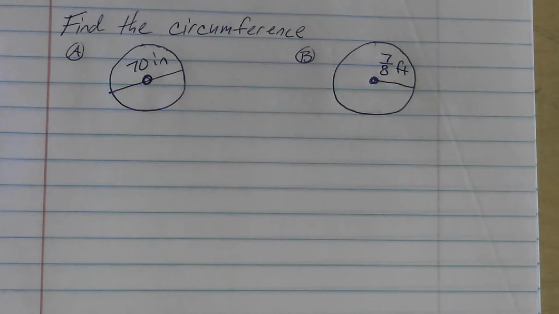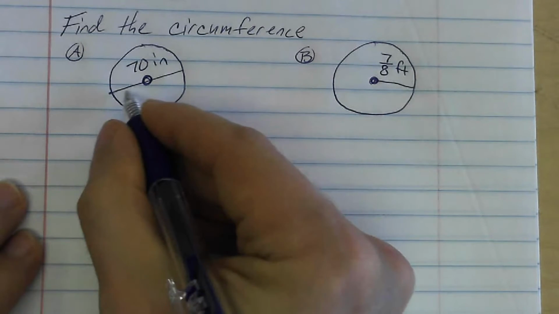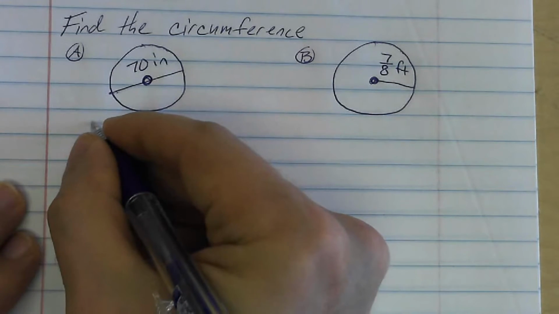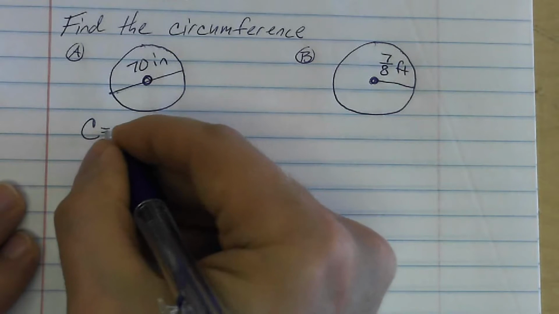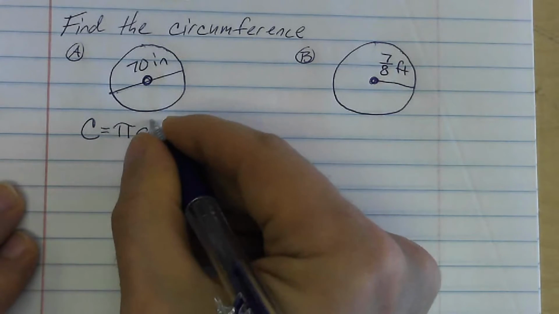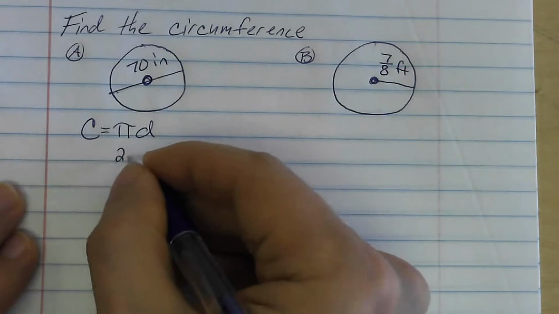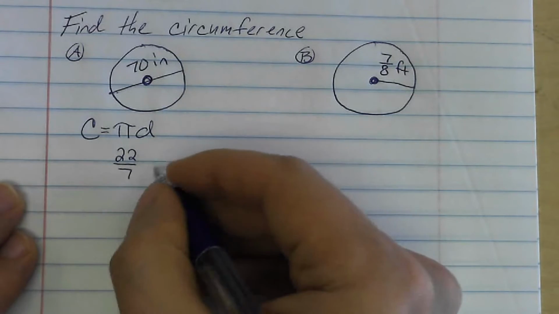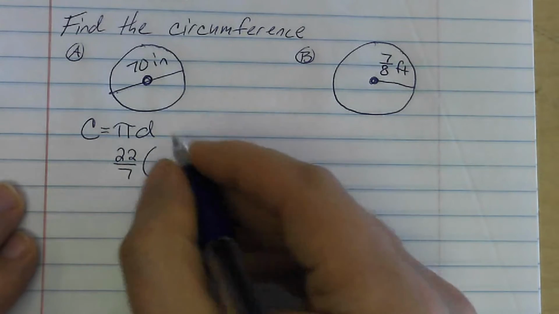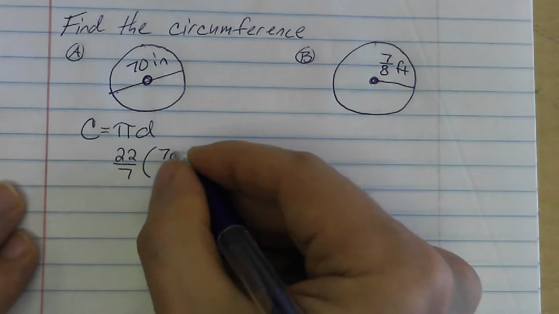So here are 2 problems that hopefully you should understand by now. Go ahead and try them. Press play when you're ready. Okay, so for this first one, we're given a diameter, so we're going to use the formula that involves diameter, C equals pi times d. Pi, we know, is going to be 22 over 7, and the diameter is 70 inches.